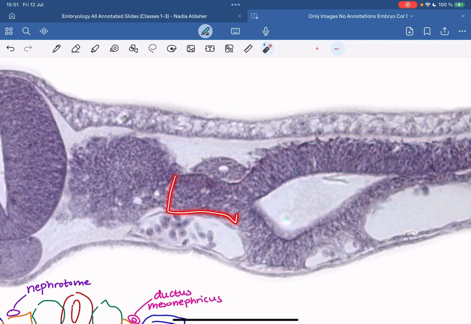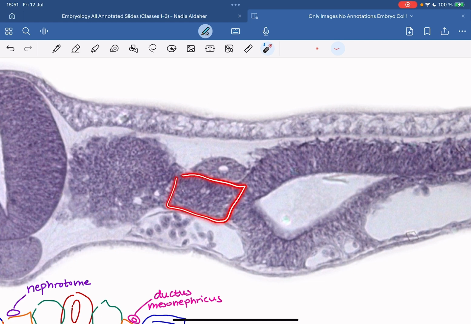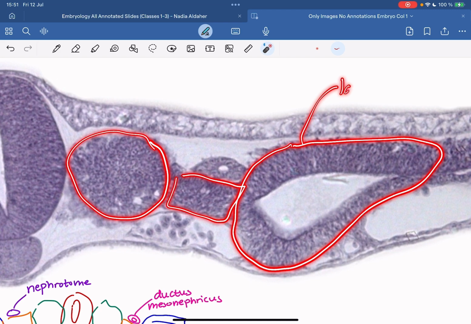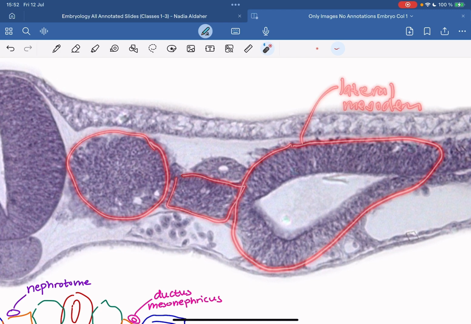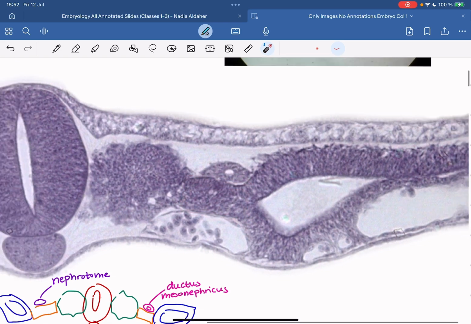Now the bridge is called the intermediate mesoderm because it's the middle part between the paraxial mesoderm and this structure, which is called the lateral mesoderm. Easy, right? Now don't mix it up with this slug-like structure at the top. This structure is directly connected to the somite and the lateral mesoderm, and therefore we call it the intermediate mesoderm. It acts like a bridge between them both.